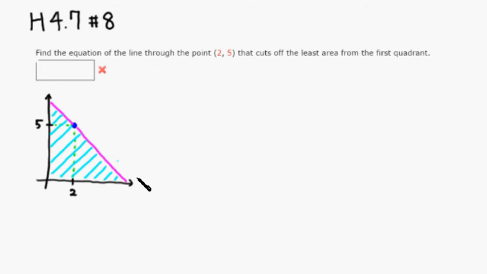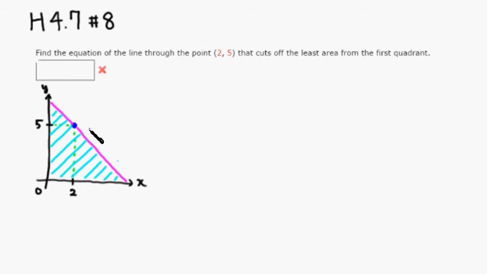Here is the x-axis and y-axis and the origin. This is a line that cuts through (2, 5). We know the point that it passes through, but we don't know the slope, so let's call its slope m.